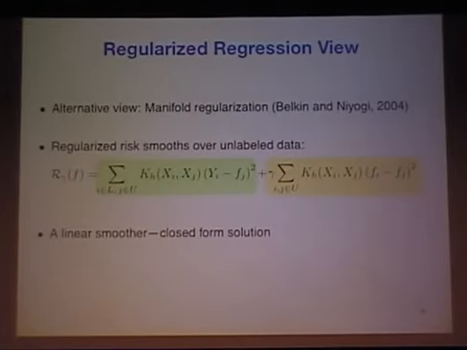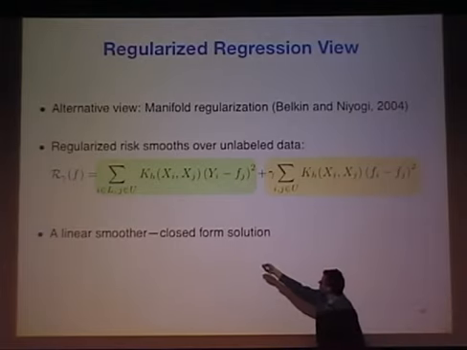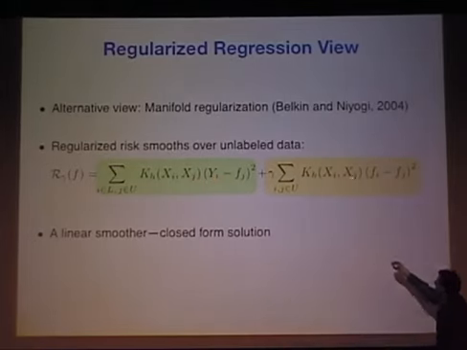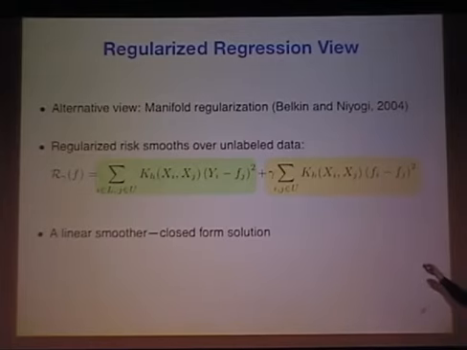Now what does regularization using these graph Laplacians do? This is what Belkin and Niyogi called manifold regularization. We have the usual loss function for kernel regression, which would just look like this. It's weighted squared error. But in addition, we regularize based on this term that, in the limit as the sample size goes to infinity, converges to the norm of the gradient of the function over the manifold.